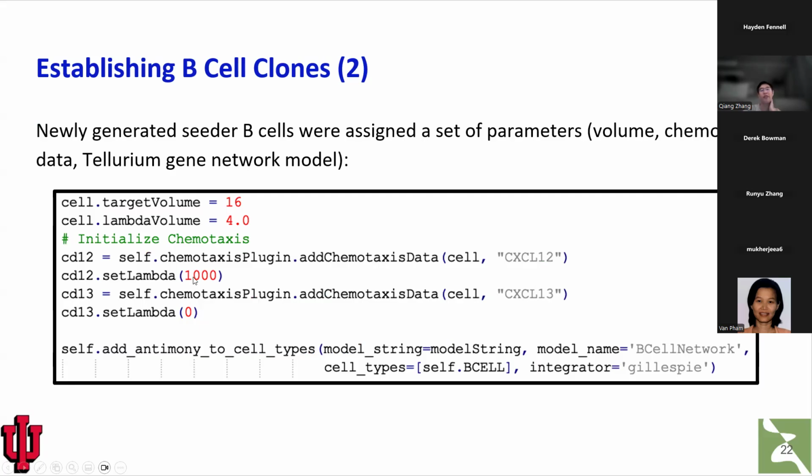The lambda value sets how fast they're moving towards that particular chemoattractant. And at the end, you want to assign the B cell gene network I mentioned previously to the B cells being born, and we're using the Gillespie stochastic simulation algorithm to simulate the gene network behavior.